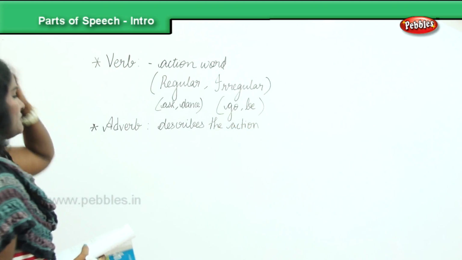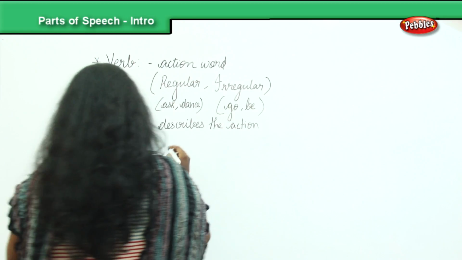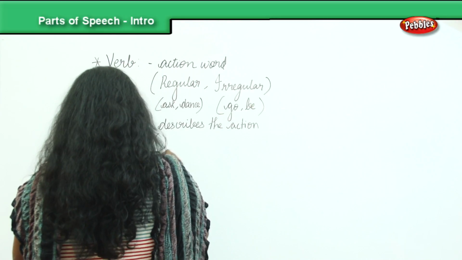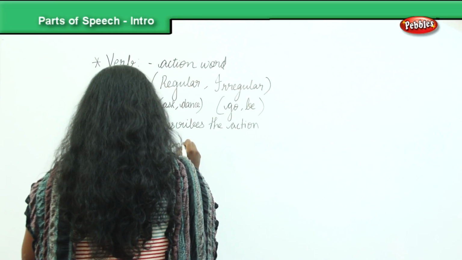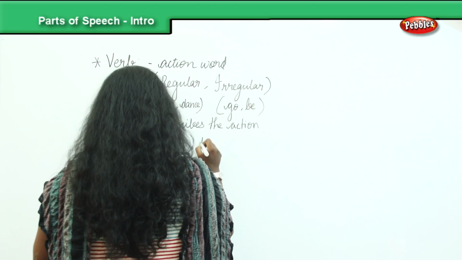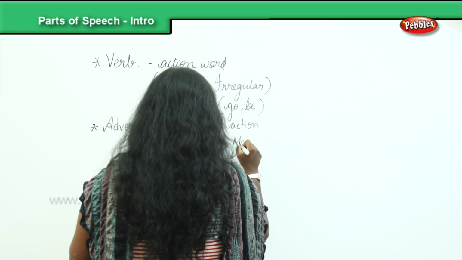So, an adverb gives more information about the verb. So, it can be with respect to time, place, and manner.